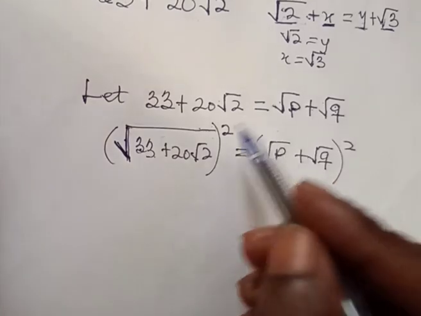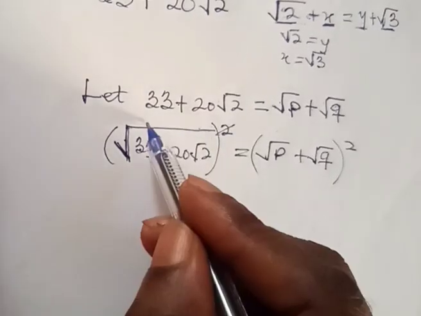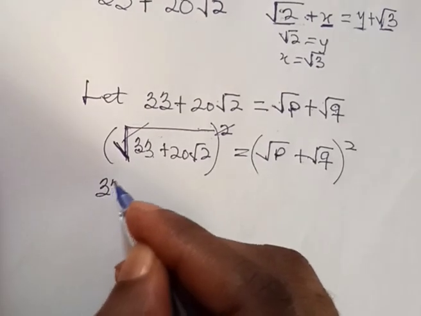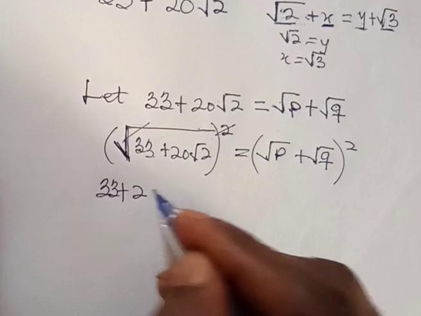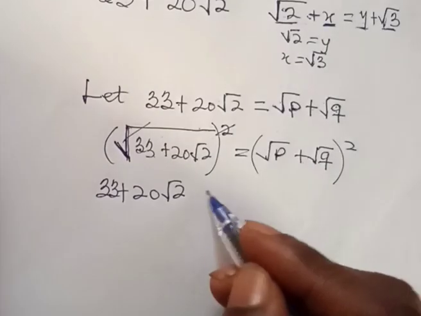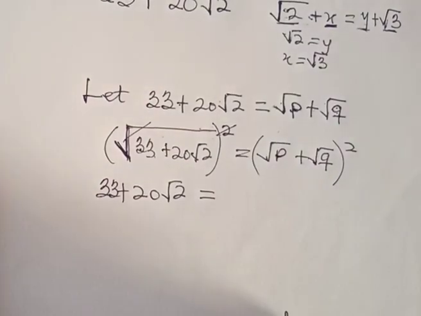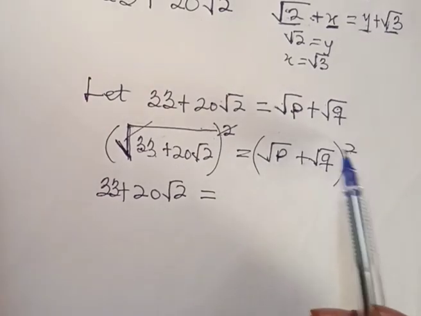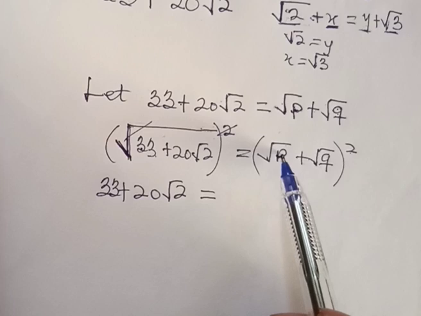All right, great. So once we have this, we can cross this out, having 33 plus 20 root 2, which is equal to, now remember what we did in the radical equations. Here comes again where most students make a mistake.